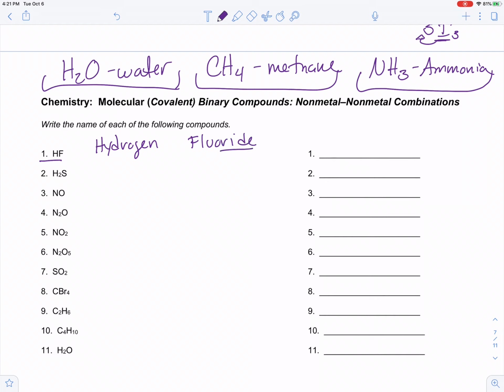And now I'm going to use my prefixes. So I have 1 hydrogen, but I know that I don't write monohydrogen, so I just leave it as hydrogen. And I have 1 fluorine, and I do use mono on the second one, so this becomes monofluoride. So that's hydrogen monofluoride.